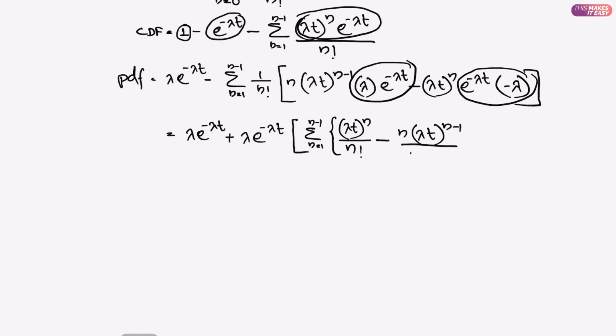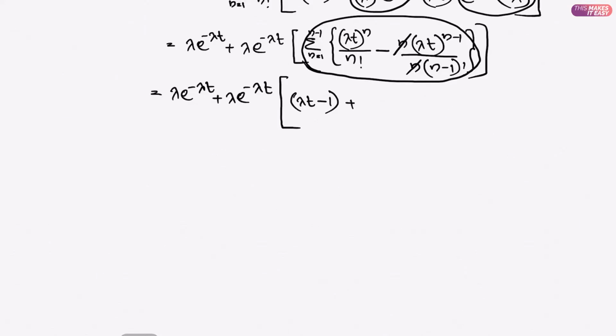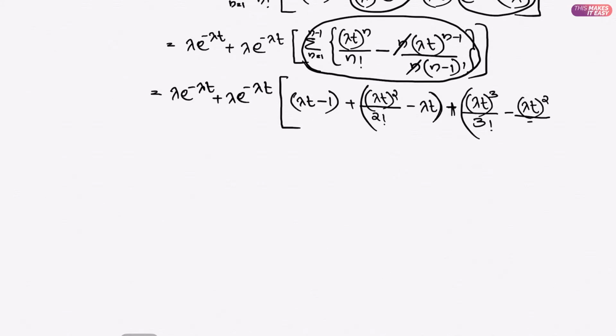Here I am writing n factorial as n times n minus 1 factorial. I can cancel this both. So now we will expand this from 1 to n minus 1. The first term will be lambda t minus 1, the second term will be lambda t square by 2 factorial minus lambda t, plus lambda t cube divided by 3 factorial minus lambda t square divided by 2 factorial.